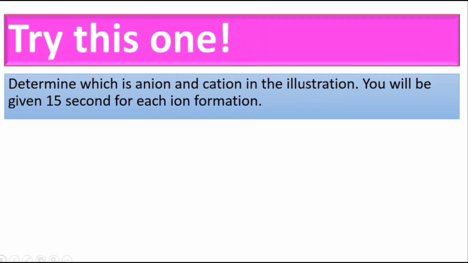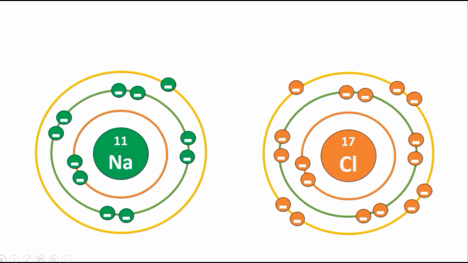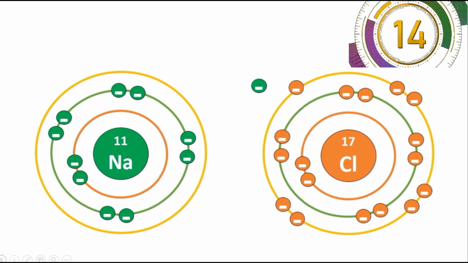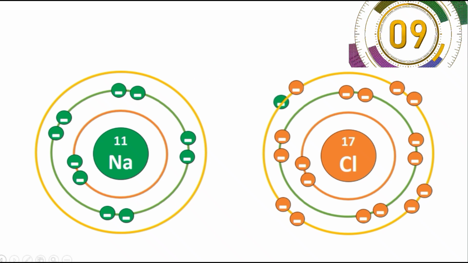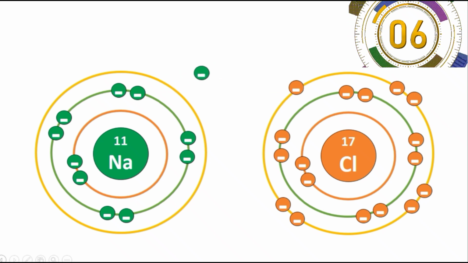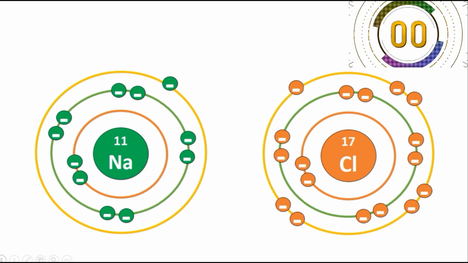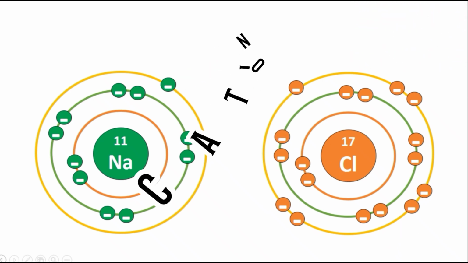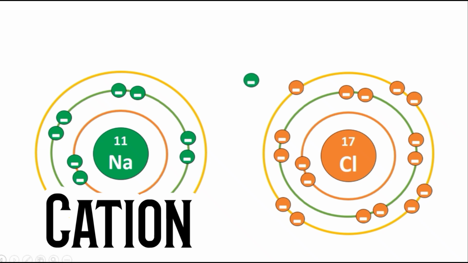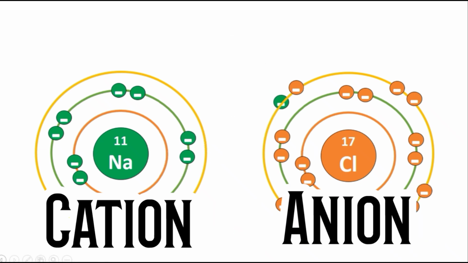Now, let's try this one! Determine which is an ion and cation in the illustration. You will be given 15 seconds for each ion formation. The correct answer is sodium is cation while chlorine is the anion.